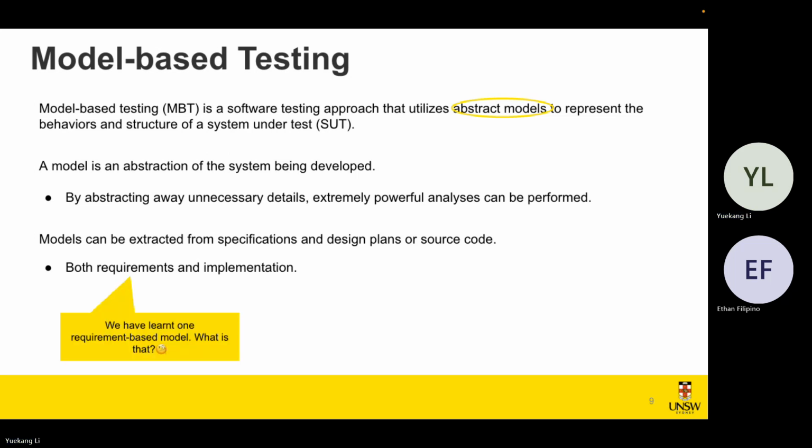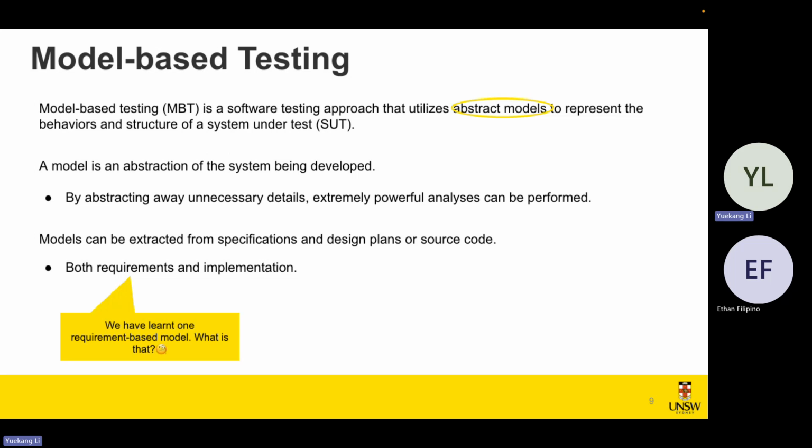We have learned one requirement-based model before this class. Can you think about that? What is the model we have learned for functional testing? So model-based testing is for functional testing. So what have we learned for functional testing?